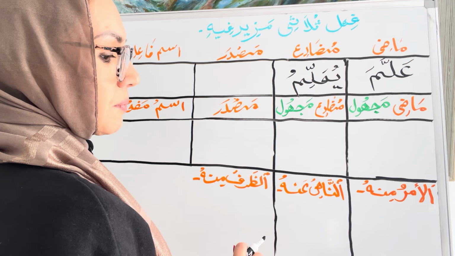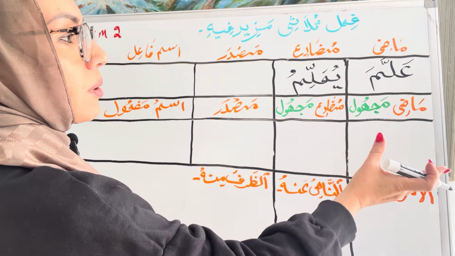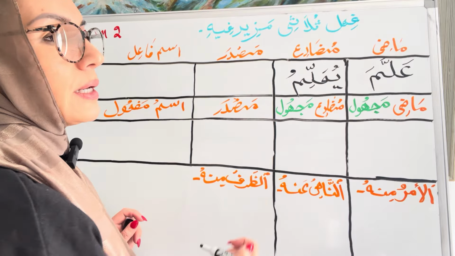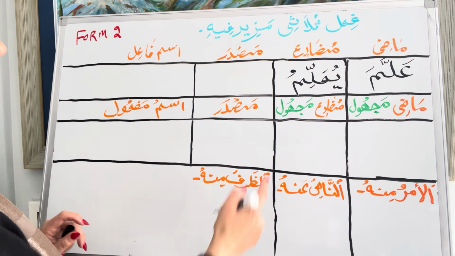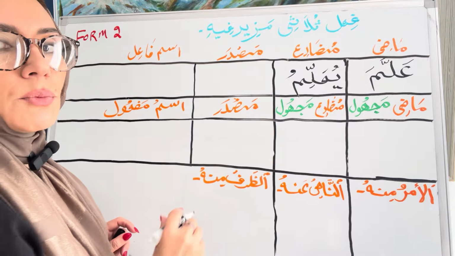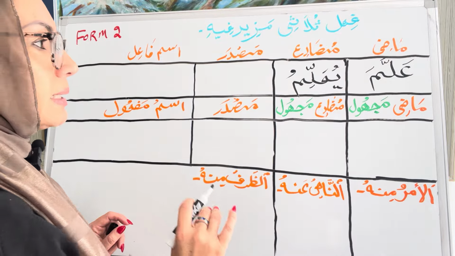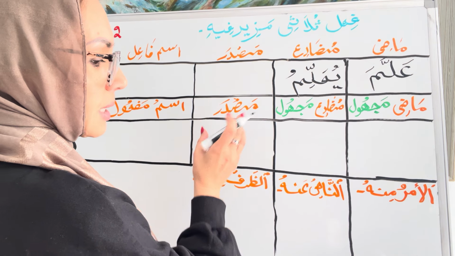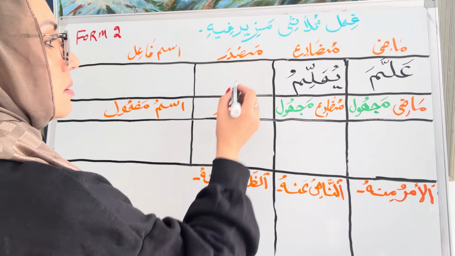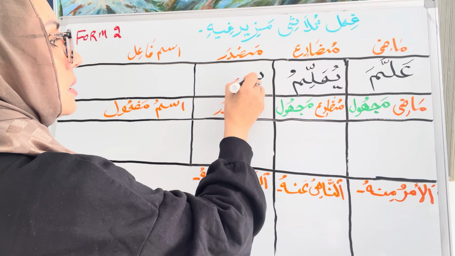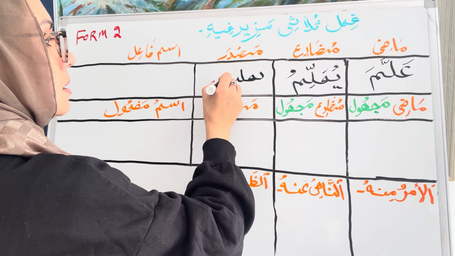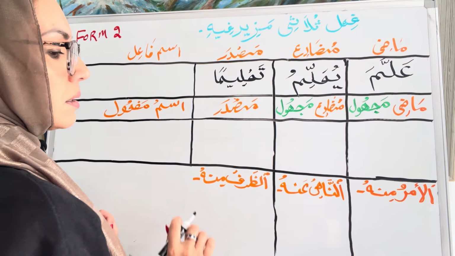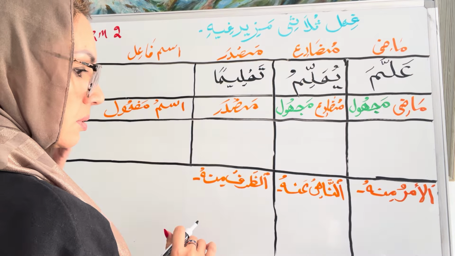And also notice something else. In the basic form, it used to be alima ya'lamu, right? It would start with a fatha. Now it's going to change, starting with yu'allimu. All right. And then the masdar becomes ta'liman, or ta'limun.